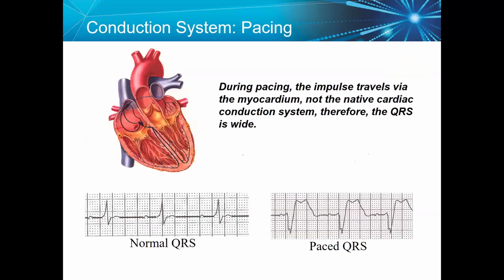Okay, during pacing, the impulse travels via the myocardium, not the native cardiac conduction system. Therefore, the QRS is wide. This is an old version, as now we have conductive system pacing, so not every paced rhythm is wide. We have left bundle area pacing and His pacing now.